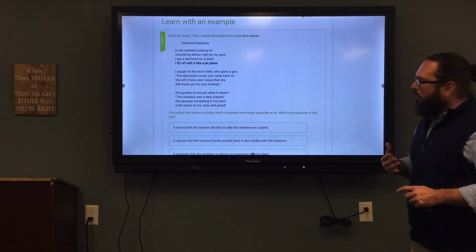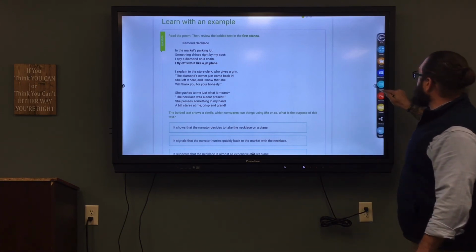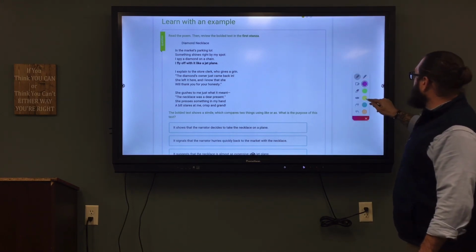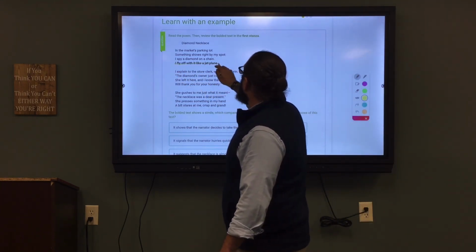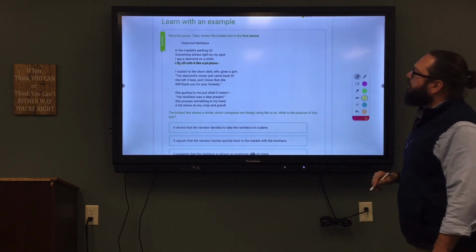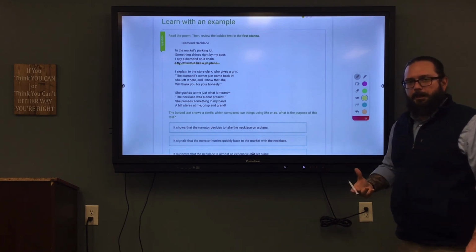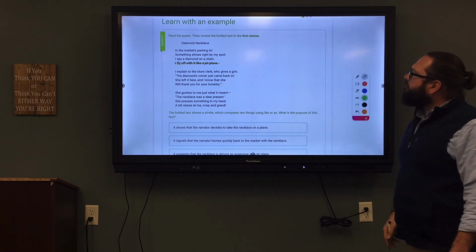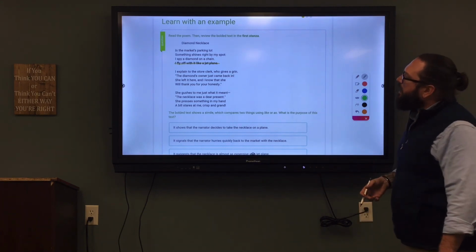So in this poem, we're told that the bolded text shows a simile, which compares two things using like or as. So here, I fly off with it like a jet plane. So what exactly is that statement saying? Well, the person has just grabbed a diamond on a chain that they found laying outside.